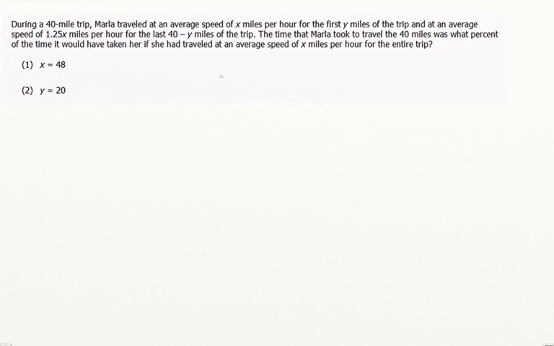So I'm going to start without looking at the statements. Now, what we've got here is y miles, our distance, is equal to x miles per hour times t1 hours. So that would imply that t1 equals y over x.